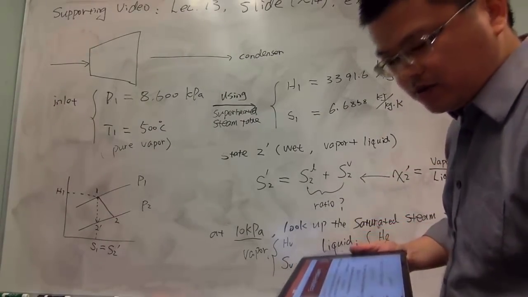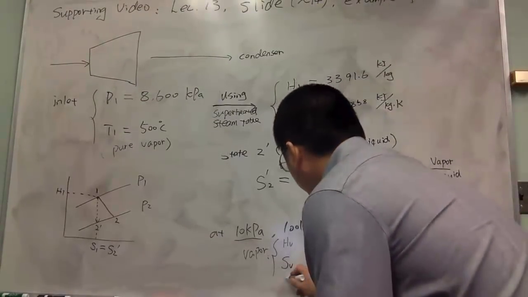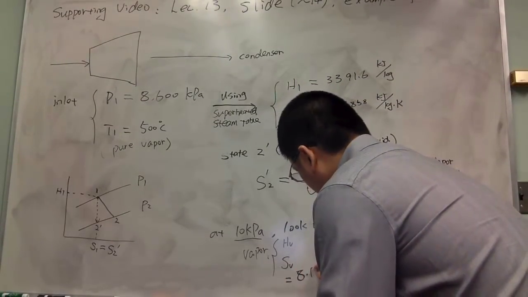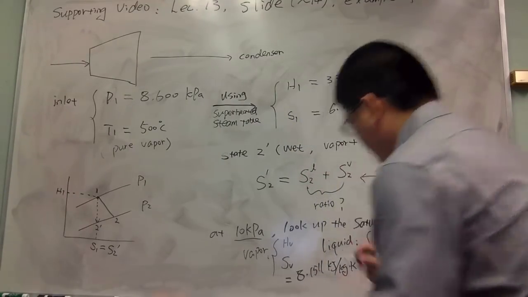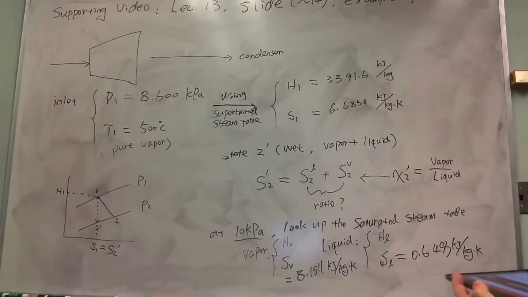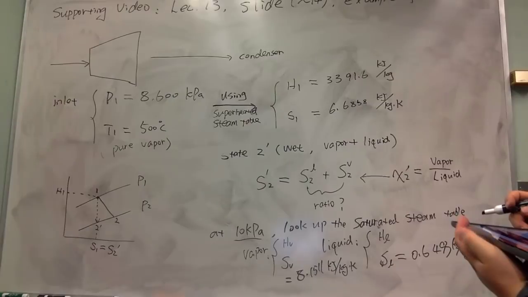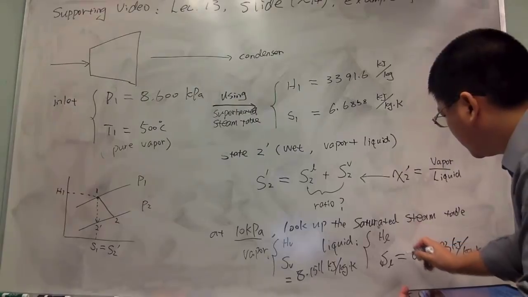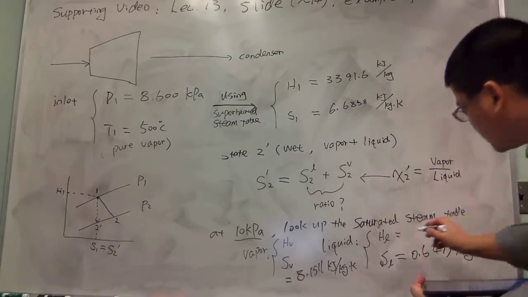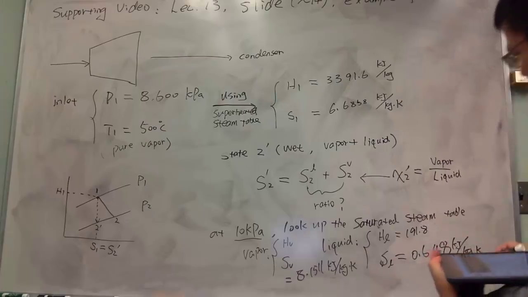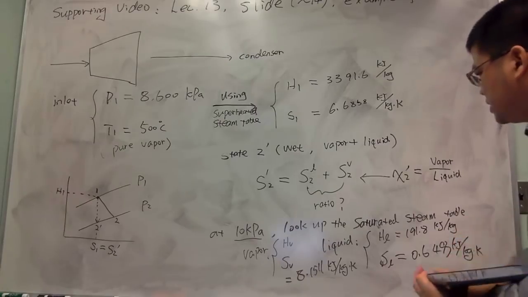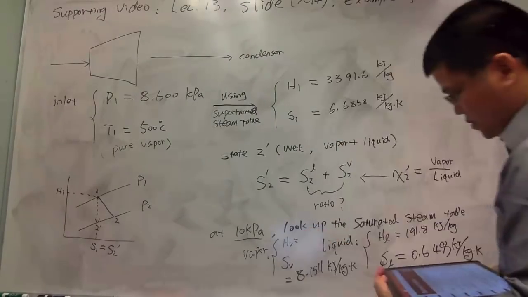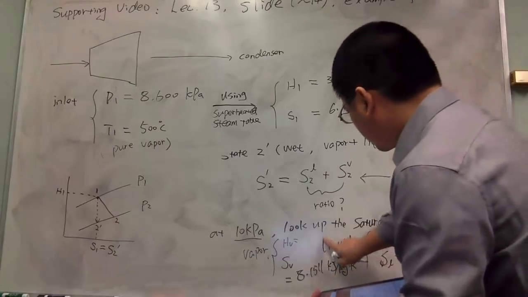The entropy of the vapor is larger, 8.1511 kilojoule per kilogram Kelvin. And I also have this corresponding enthalpy of the liquid, 191.8 kilojoule per kilogram. And this itself is slightly running out of space.